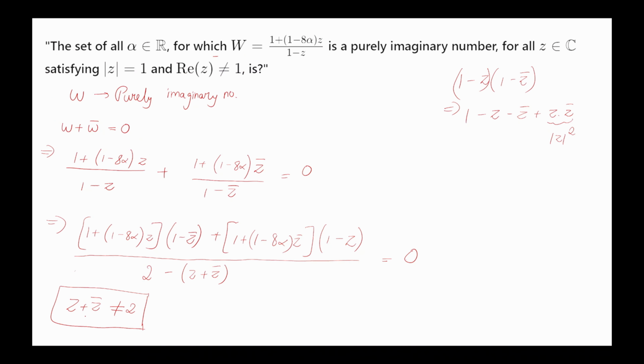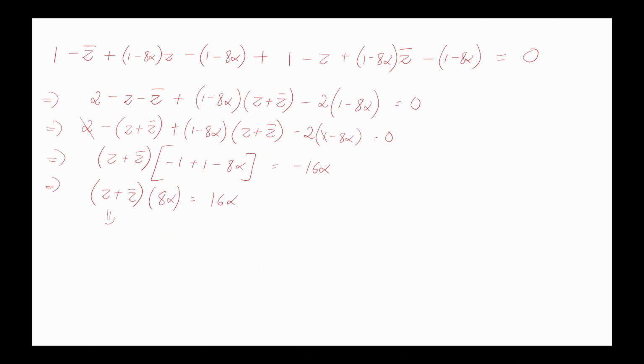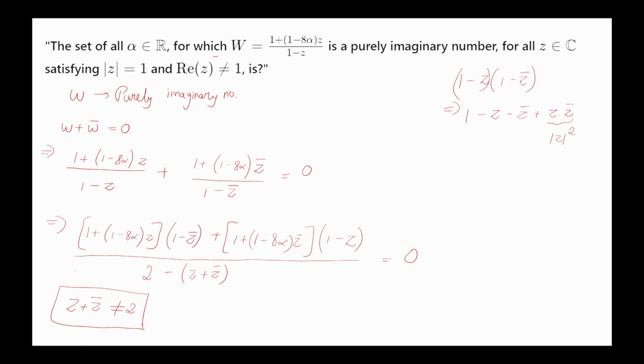However, here we had assumed that z plus z bar cannot be equal to 2, because if it becomes equal to 2, my entire equation would become undefined. So this cannot be the case. So from here, the only answer that we get is that alpha should be equal to 0. If alpha is 0, then only this entire equation would be satisfied. So we get our alpha as 0. And what was asked to us in the question?